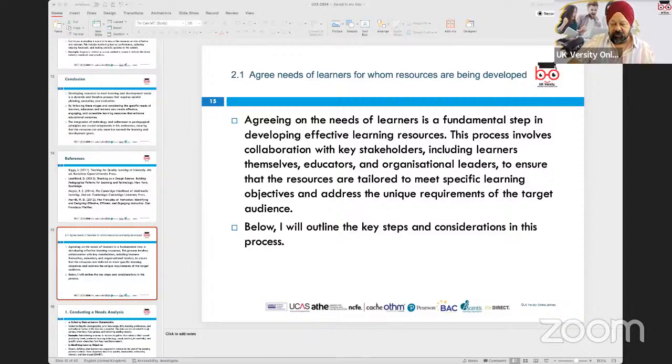And then you also look at reviewing the legal and ethical considerations, which ensure that resources are compliant with the educational standards. So in this case, they are fit for purpose and meeting the requirements of the Department of Education, or Ofcal in this case. And then there is continuous evaluation, because these resources need to be adjusted, changed, amended, or updated as the learners' needs evolve.